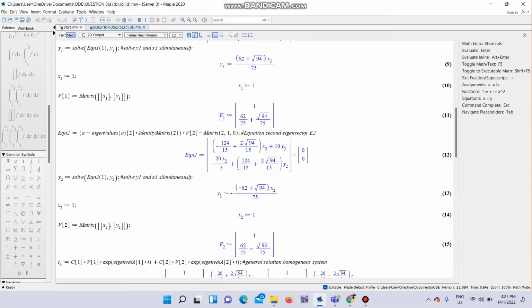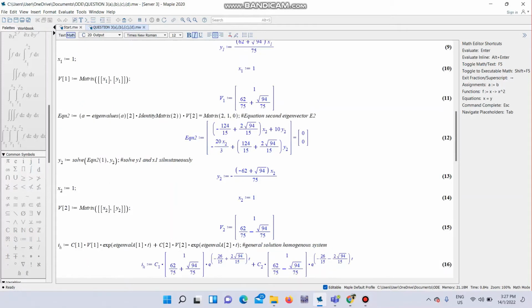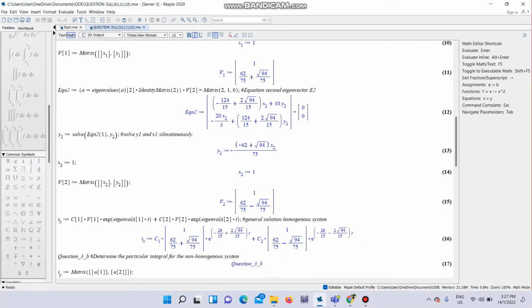Also we have to determine the value of s2, which we get is s2 equal to 1. And for the v2, this is the matrix part, which we get is 1, 62 over 75 minus square root 94 over 75.